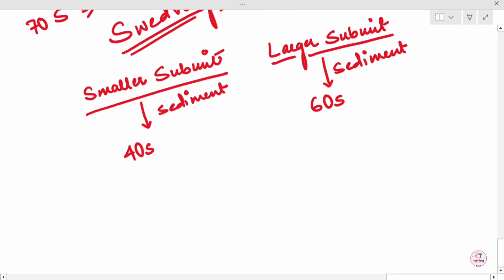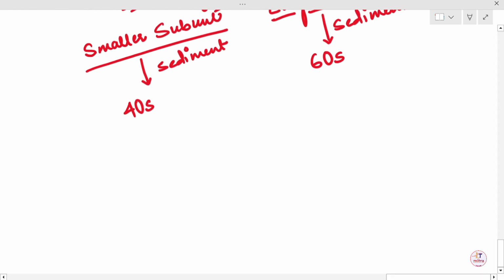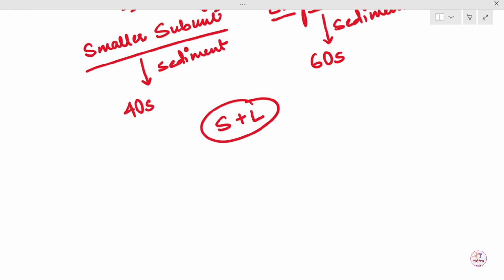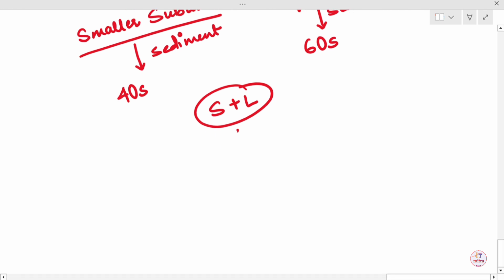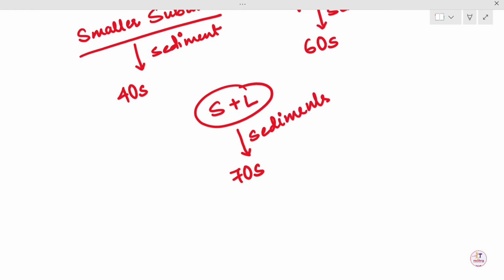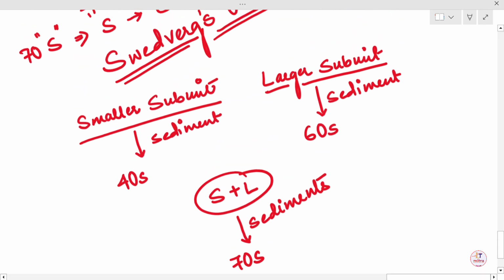But in total, small plus large, when we have centrifuged it, it sediments at 70S. So it's not mathematical, it's by the centrifugation process.